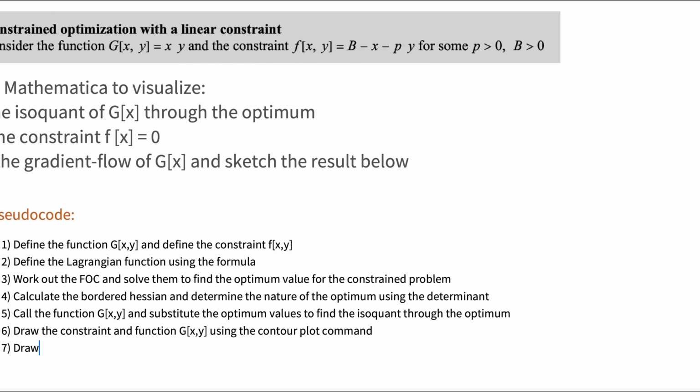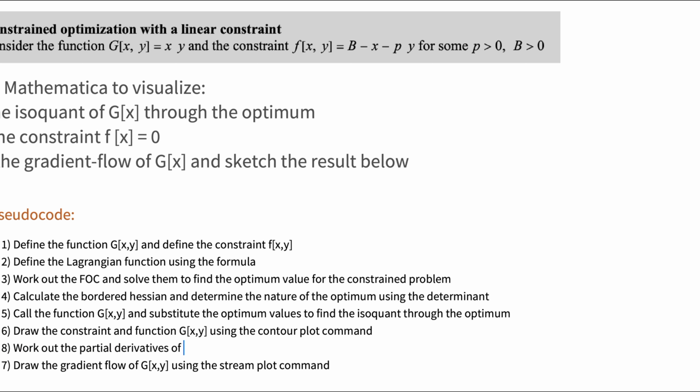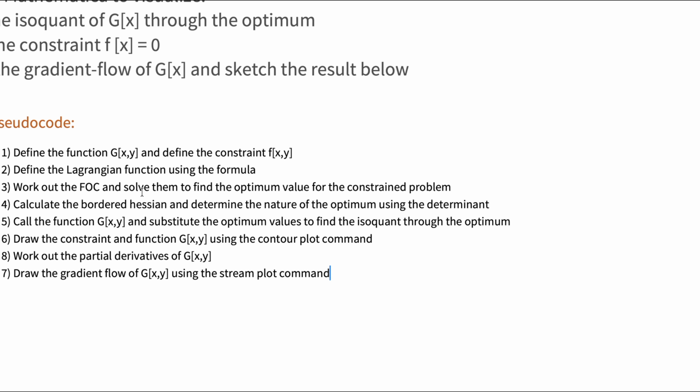And lastly, we have to draw the gradient flow of g of x, y using the stream plot command. Before we do that, we will have to work out the partial derivatives of g of x, y in order to draw the gradient flow. So that's the process that we are going to be working through.